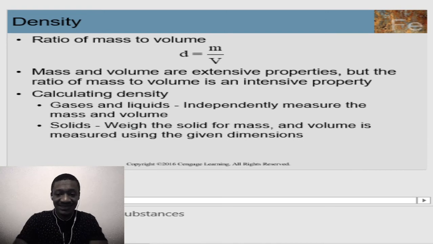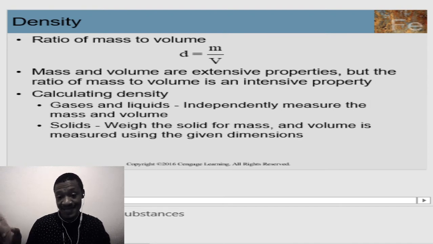So now look at density. Density is actually the ratio of your mass to volume. So it's mass over volume. And remember, we say the extensive properties are based on your mass and volume.